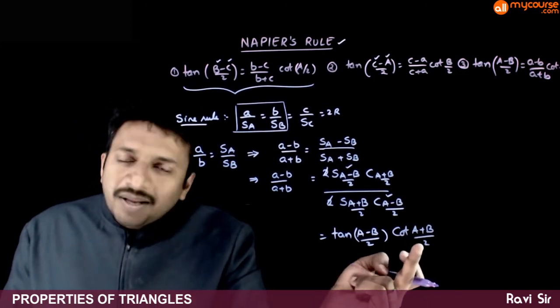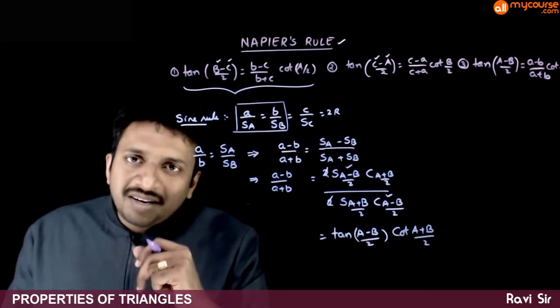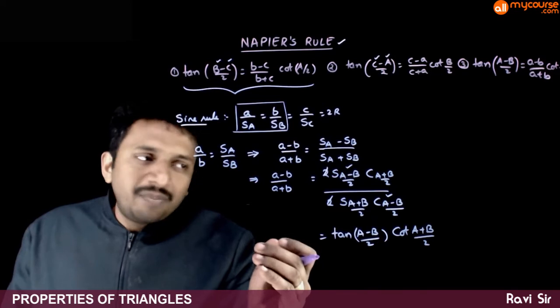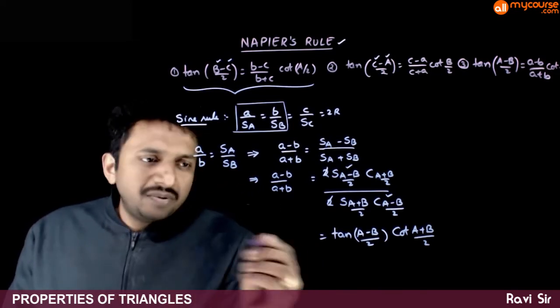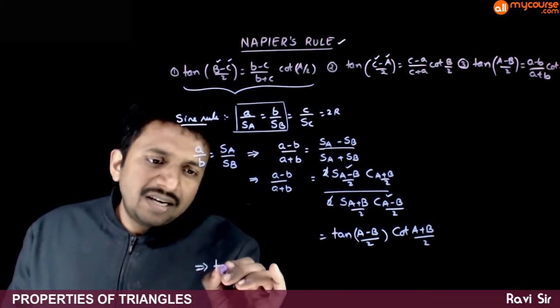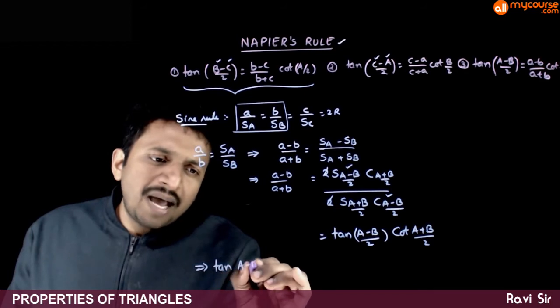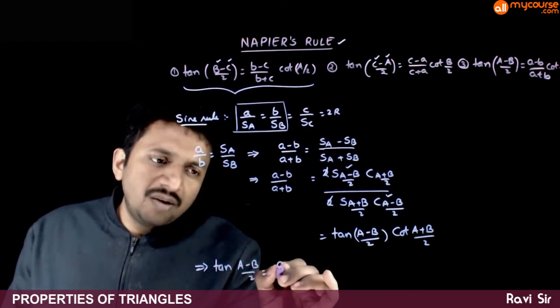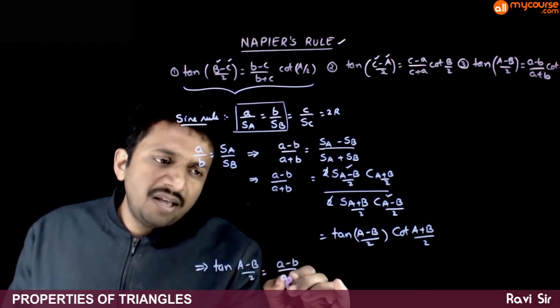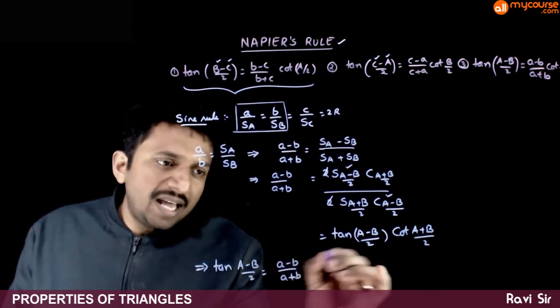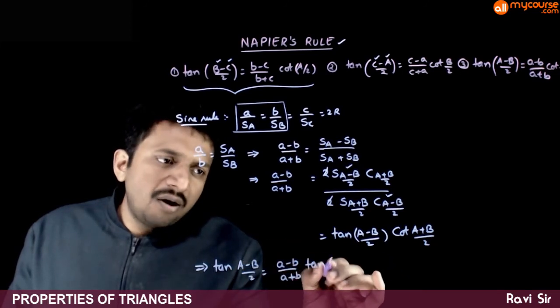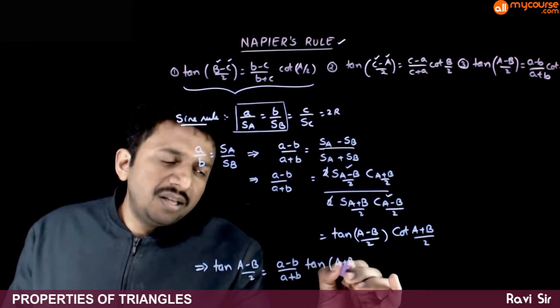So if cot (A + B)/2 comes onto this side, it becomes 1 by cot (A + B)/2, or tan (A + B)/2. So this implies tan of (A − B)/2 is equal to (a − b)/(a + b) times tan of (A + B)/2.